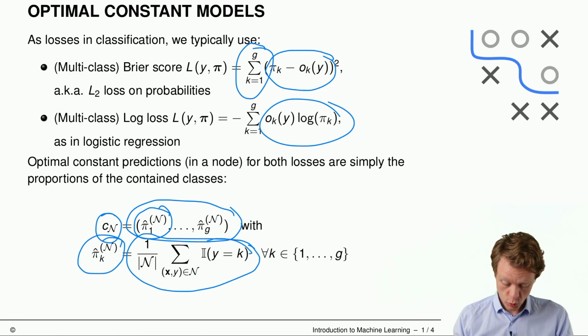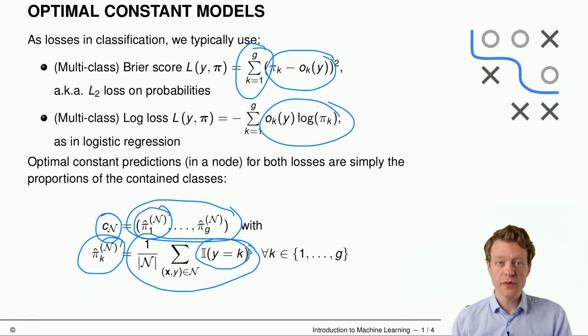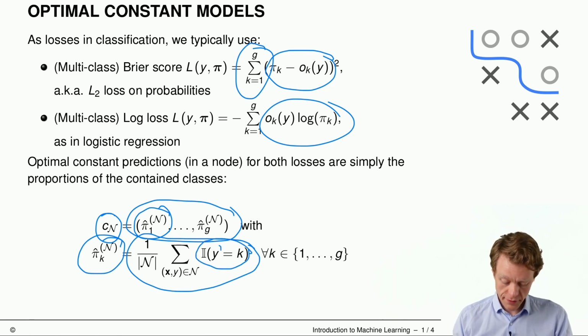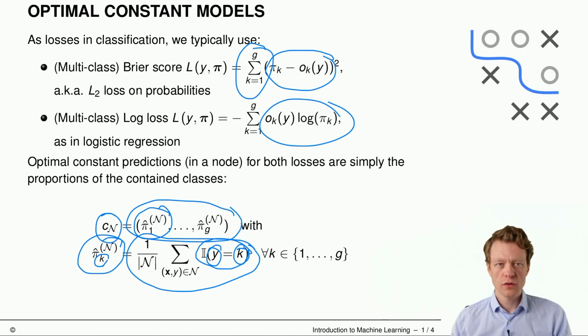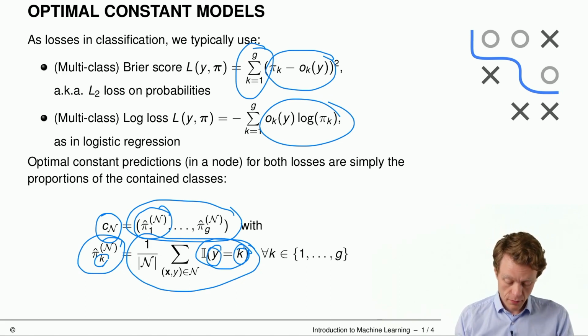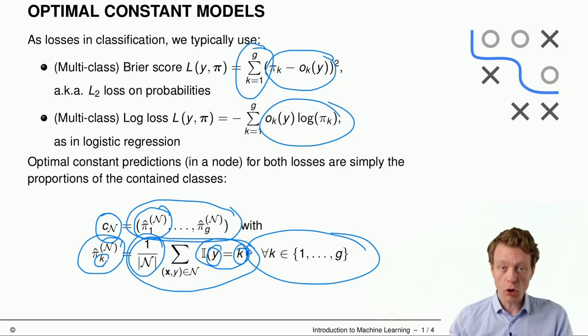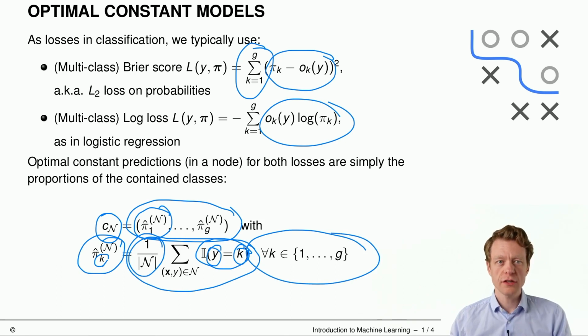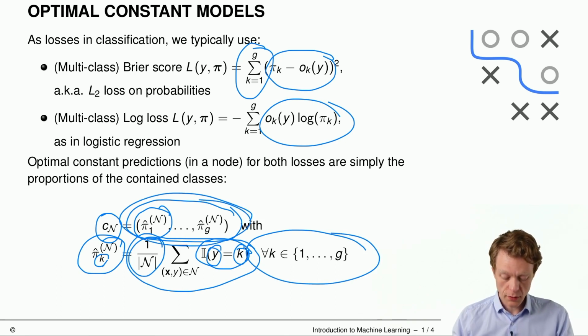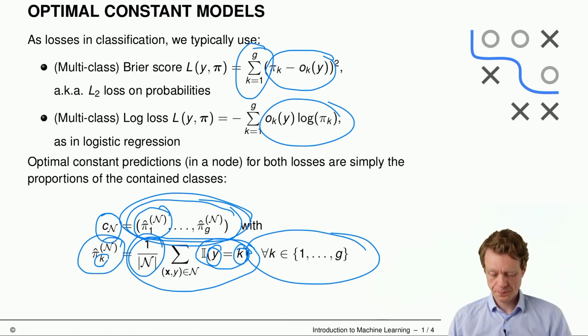So we have a look at all the observations where the target variable equals the class that we have in the subscript of that p hat, sum those indicator functions up, and divide by the number of elements in this node. And we do this for all k in 1 to g, so that we end up with a vector of probabilities here.